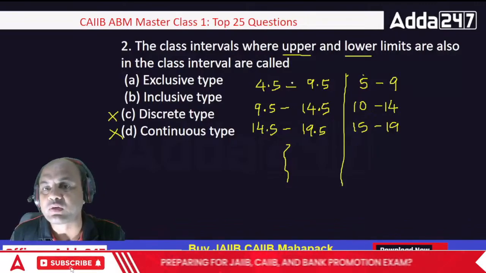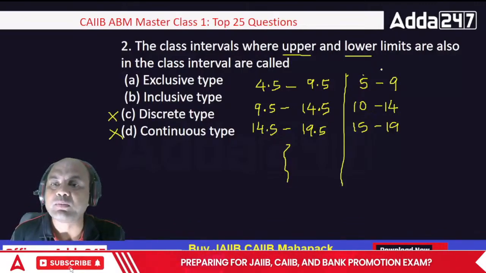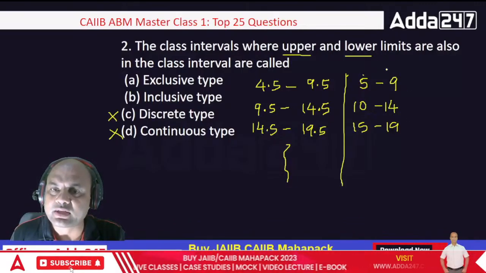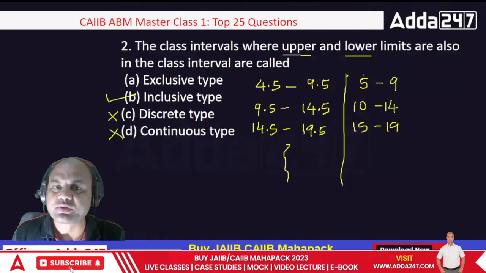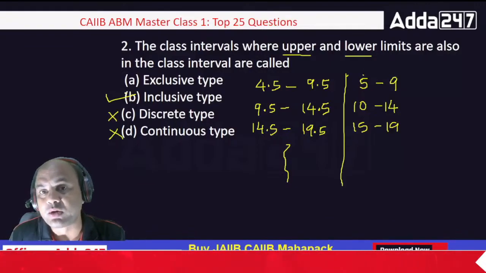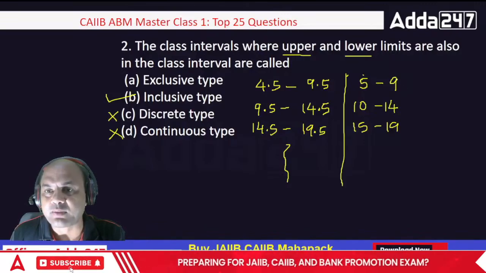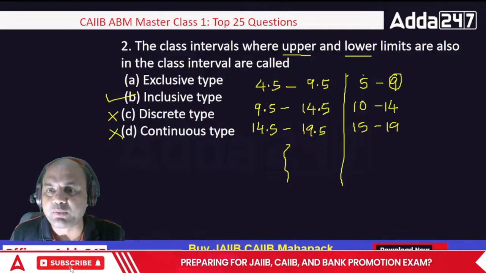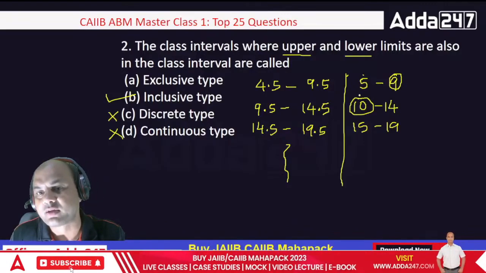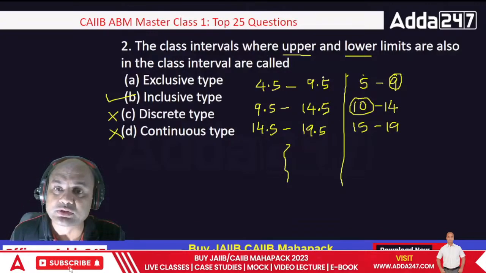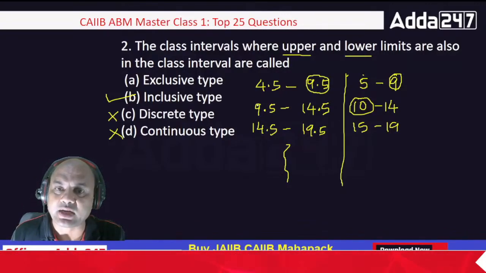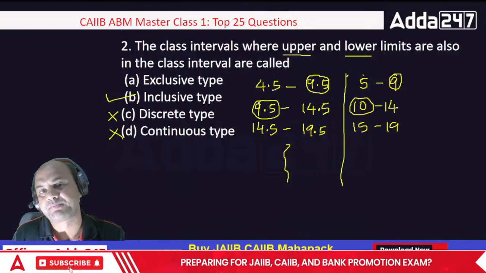Here they are not included. When I include these, this is known as inclusive type. One important point about inclusive type is that the end point and the starting point are different, whereas in exclusive type, the end point and the starting point are the same.